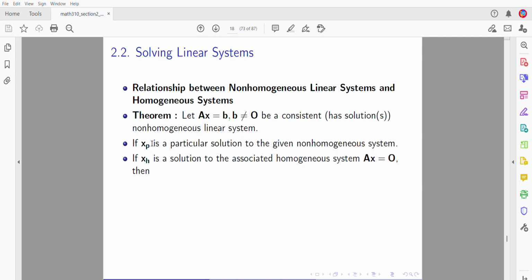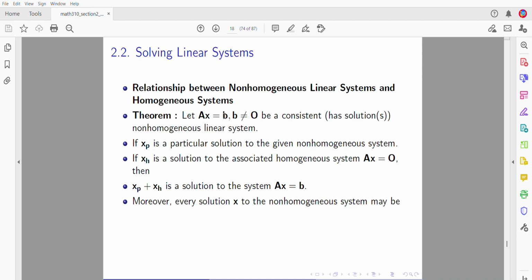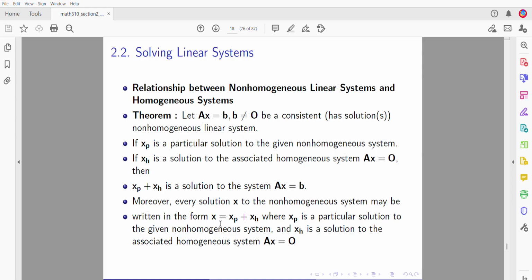Say somebody gave you one solution of Ax equals b where b is not 0. Then the particular solution plus the homogeneous solution is also a solution of the one without 0. Moreover, every solution to the non-homogeneous system can be written as particular plus homogeneous.